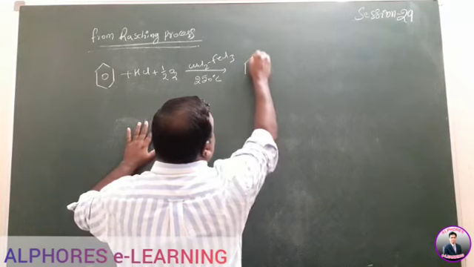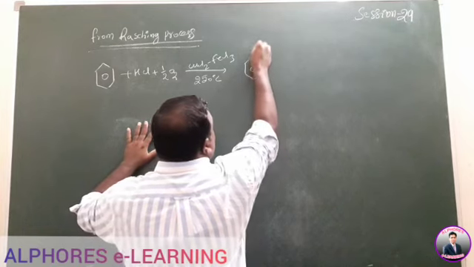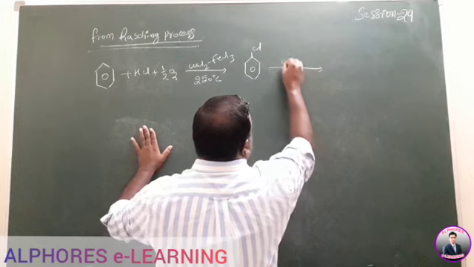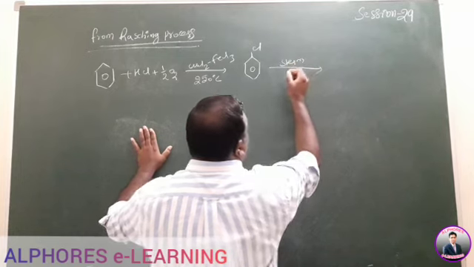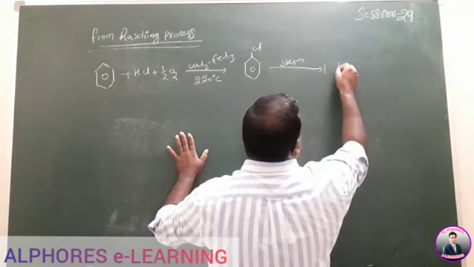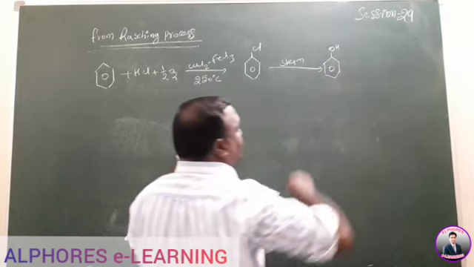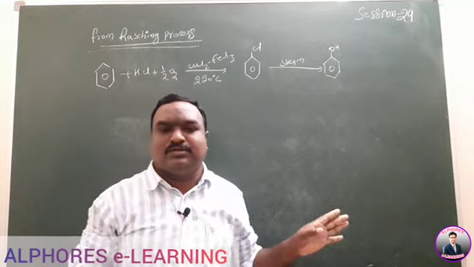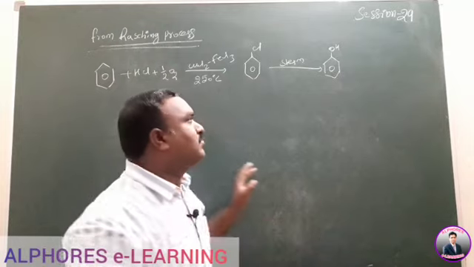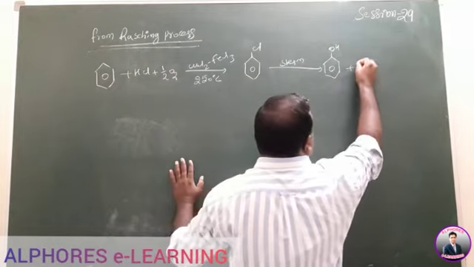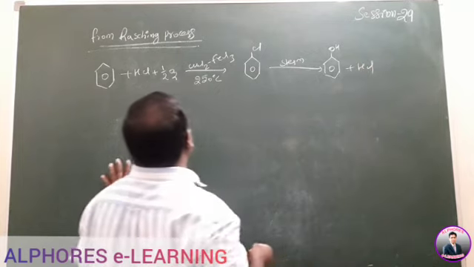Chlorobenzene is formed here. If you apply steam, it finally forms the OH compound. This is the way to write that product.